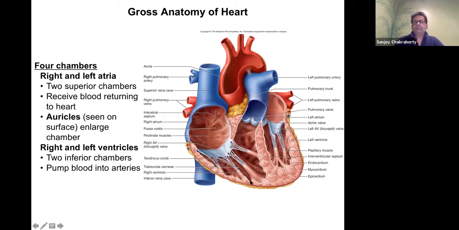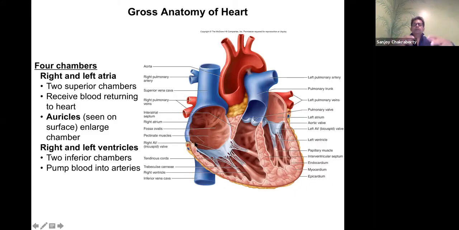One additional feature: it looks like the ventricle is larger than the atria, but that is not the case, because whatever blood comes right here, the same amount goes right here. Same is true for the left side. So in this place, they have a wrinkled end. This picture does not do justice to this concept, but there are some other pictures you will see. There's like a wrinkly extension attached.